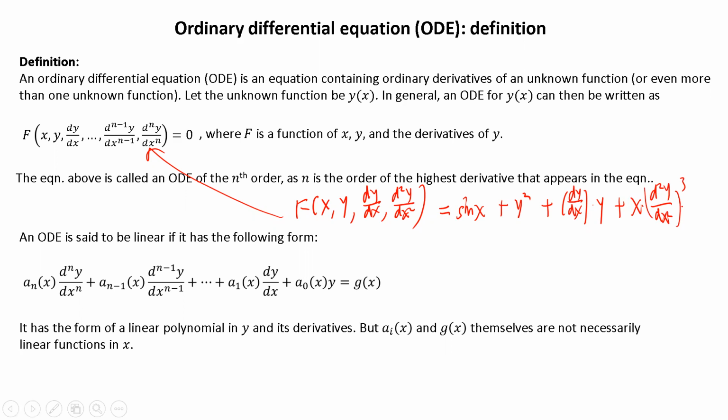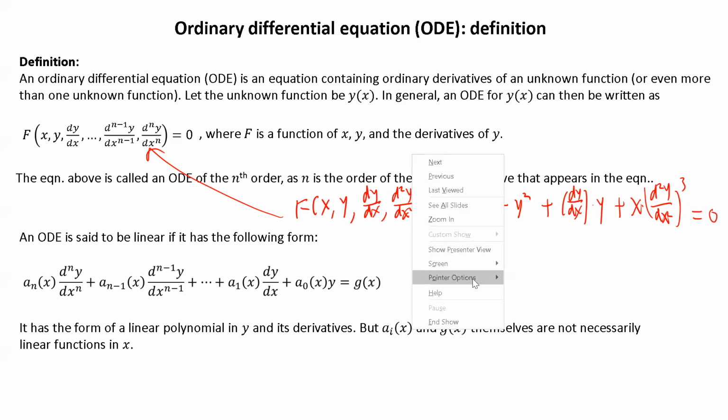So you can see that this function, this big f, can be very complicated. Anything that you can think of, and this expression will depend on x, y, dy/dx, and so on. And this all equals 0, or equals some other function, or equals a constant. So that's what happens in general.